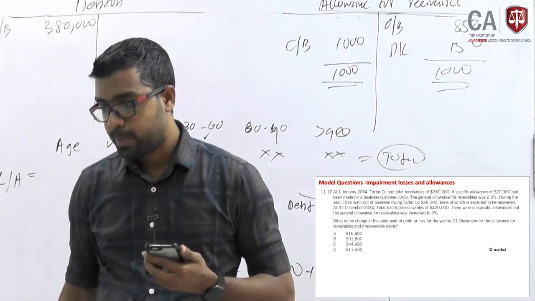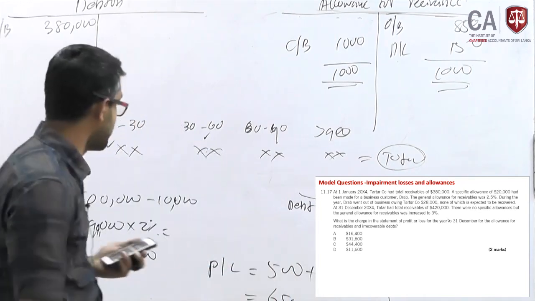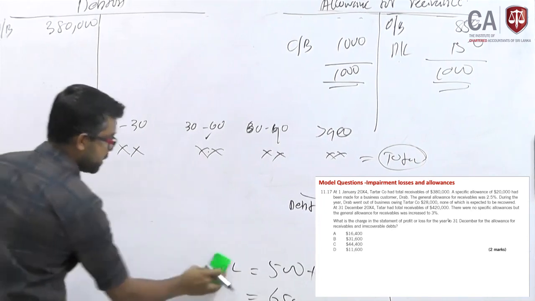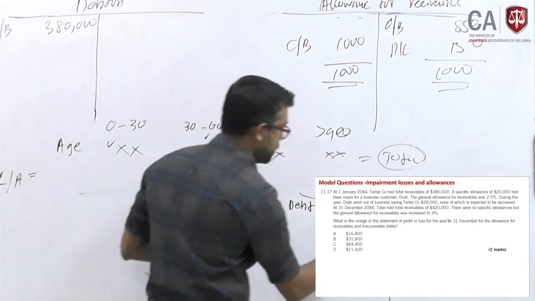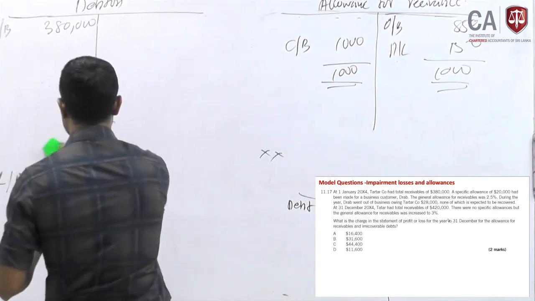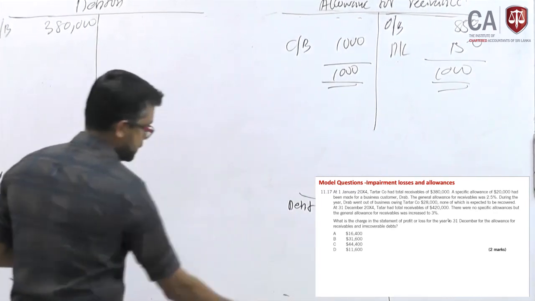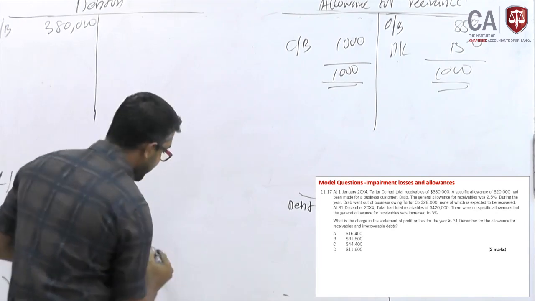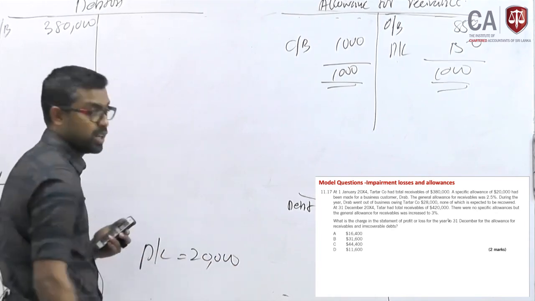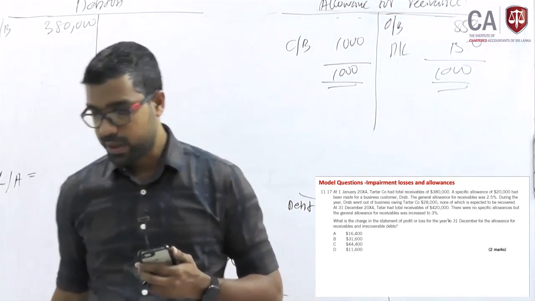General allowance and specific allowance of 20,000. Specific allowance, you know how to charge to P&L. Therefore it has both general and specific provisions. The specific provision you have to charge to P&L is 20,000.